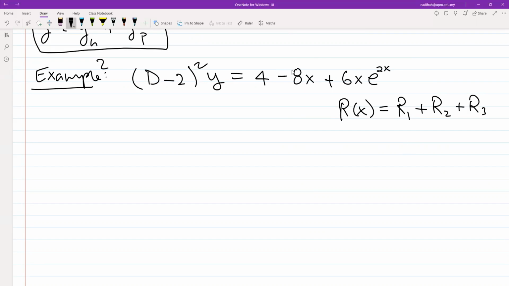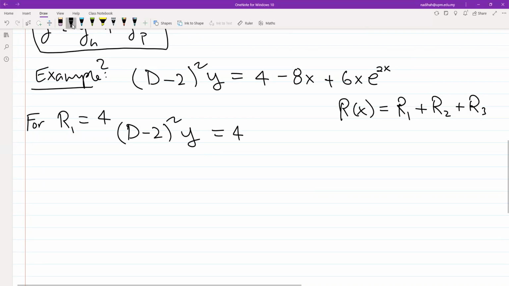So in this case, I think it's better to use, for example, R1 as 4. So I can say for R1 equals 4, you have (D minus 2) squared y equals 4. And therefore, if you remember, this is the inspection method, because you have the last term.